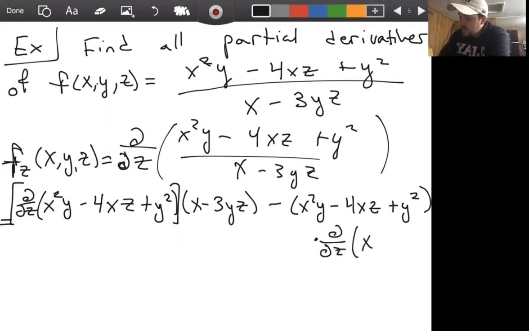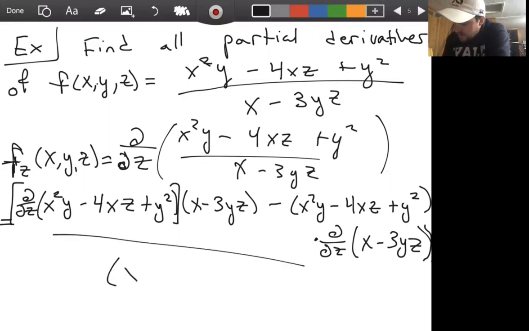But remember, this is the derivative with respect to z, so all of these partials must be with respect to z. And this whole thing is over the denominator squared.